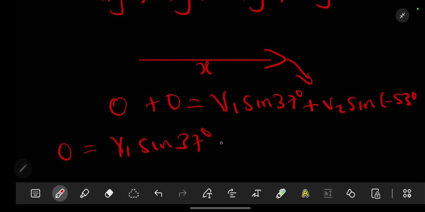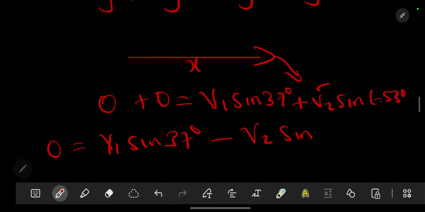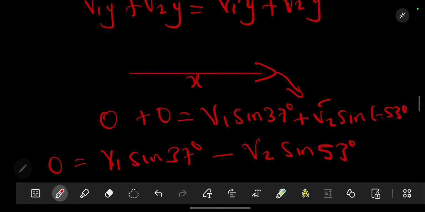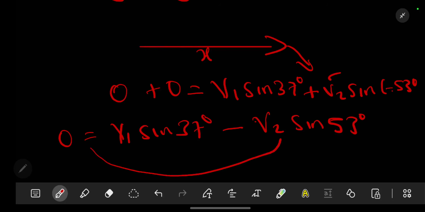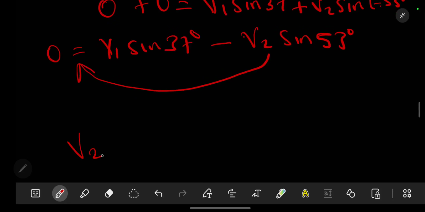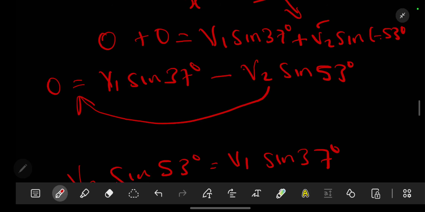The sign of a negative, the negative can be thrown out. We have v2 sine of 53 degrees. So with that done, what are we going to do? We take this value to this side so that it becomes positive. So we have v2 sine of 53 degrees should be equal to v1 sine of 37 degrees. So this is our equation 2.